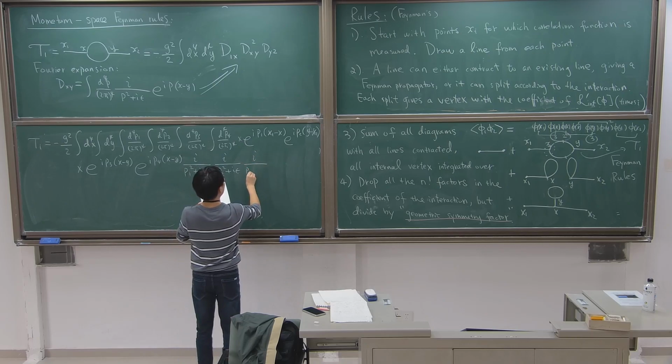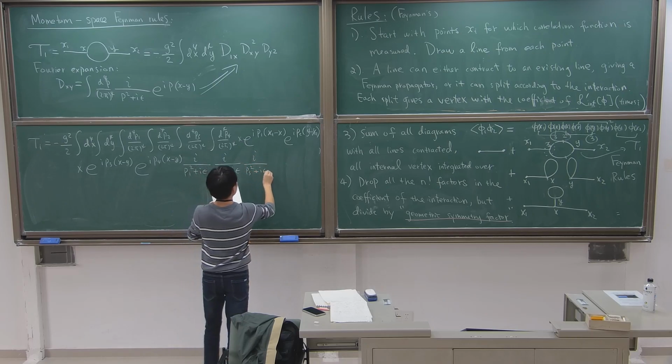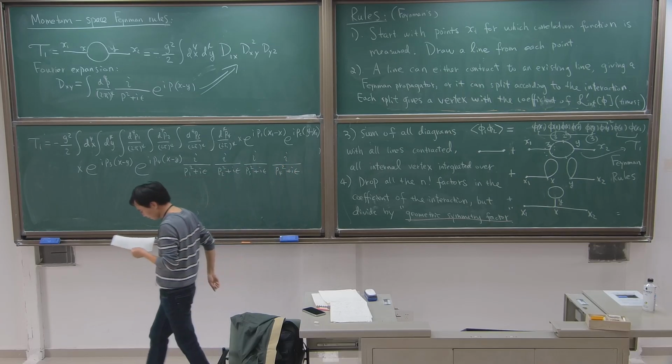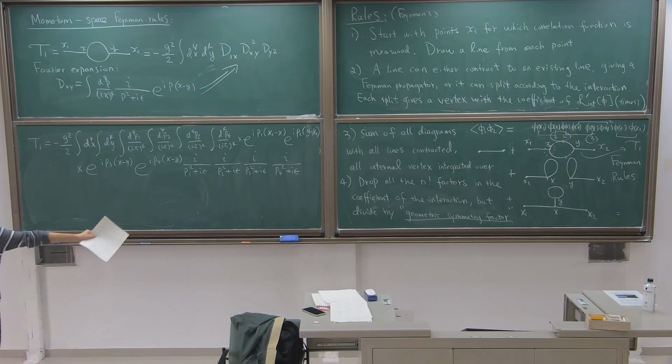And all the propagators turn out to be of this form. I didn't do much, just the Fourier expansion of my T1, that diagram result. If you're familiar with Fourier expansion, it's trivial, right?